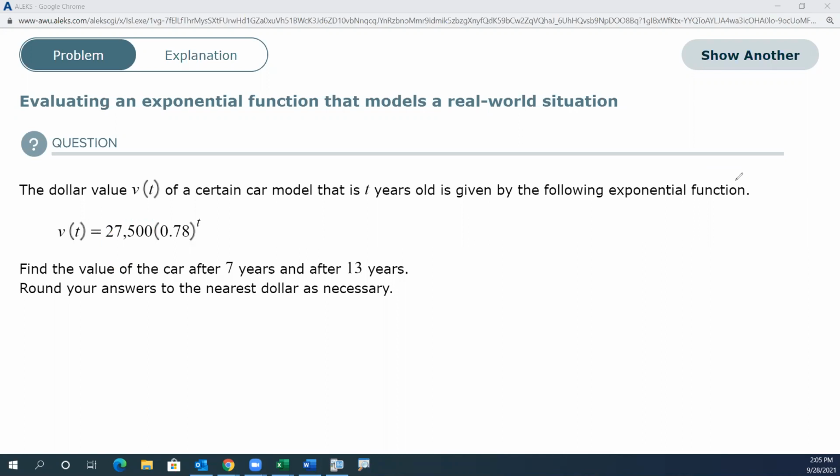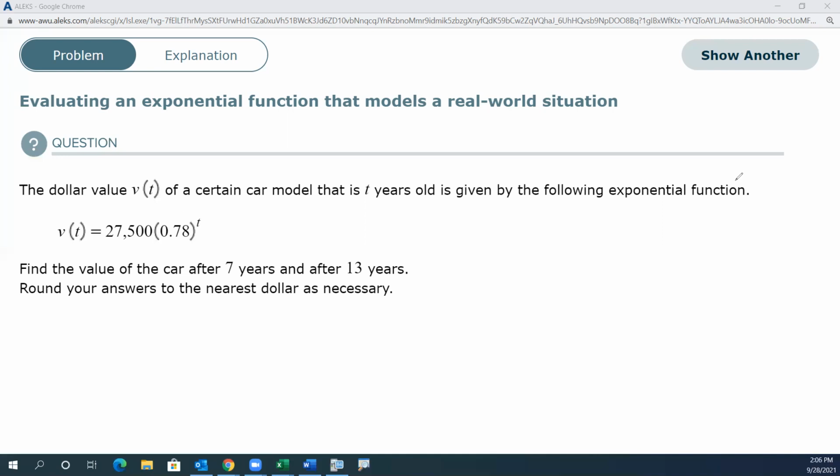So the starting value of the car is 27,500. Does that seem reasonable? Yeah, some cars cost that much when they're brand new, at least when I made this video, although they're definitely going up these days. So 27,500 would be the beginning value of the car.